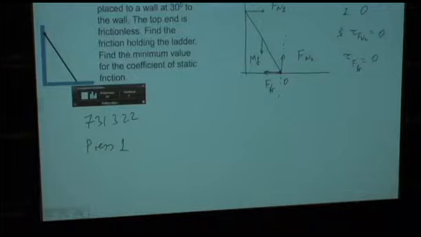Now, the next on the list is the torque due to force of gravity acting on this ladder. Well, this is the line of action of the force of gravity. A torque has three elements.